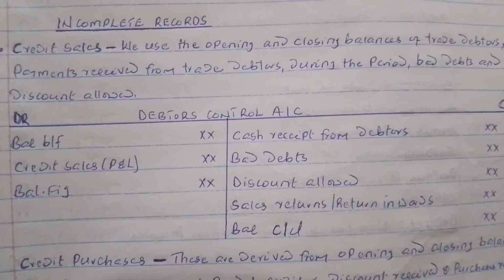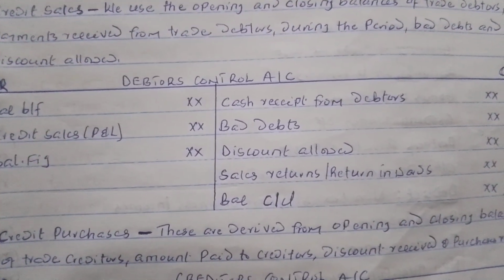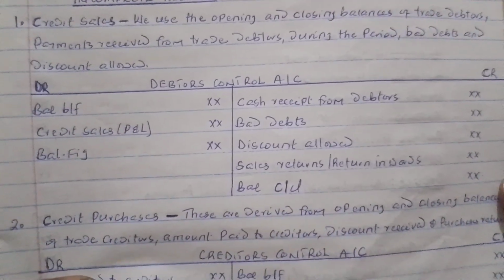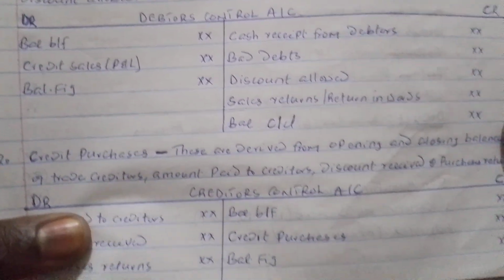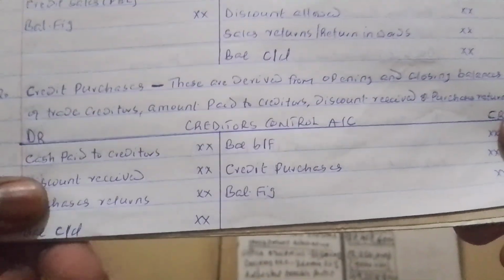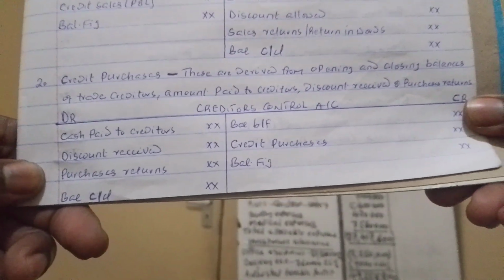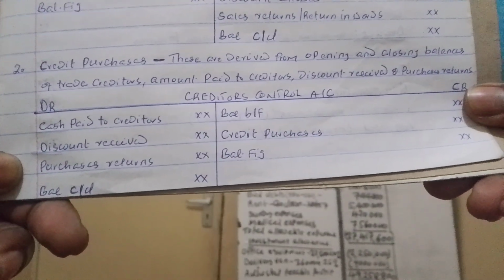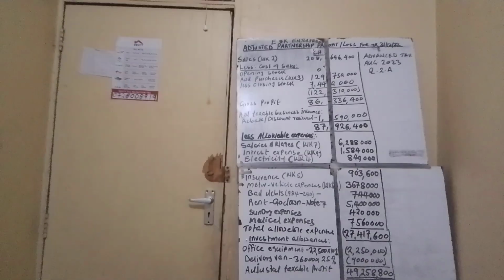Now, once you have seen that, the control accounts for debtors. Debtors control account will help us to get credit sales. Mostly it will be on the debit side. Then creditors control account will help us to obtain the credit purchases. So these are the formats that you will use.